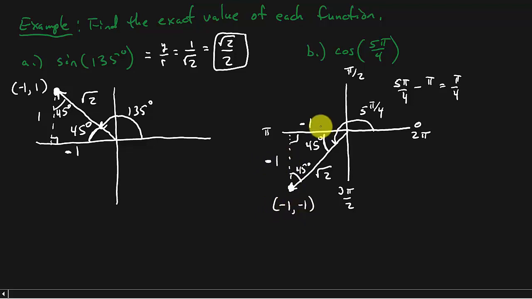And so I've got x, y, and r. Remember, cosine is x over r, which is negative 1 over square root of 2. If I rationalize the denominator, multiply numerator and denominator by square root of 2, that's going to give me negative square root of 2 over 2. And there's my answer.